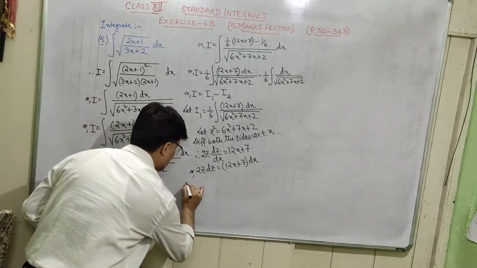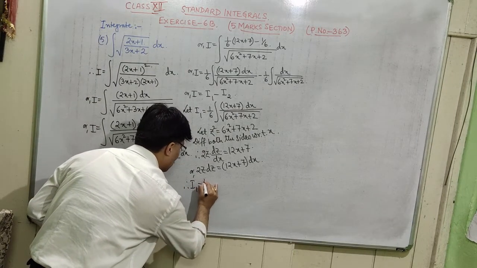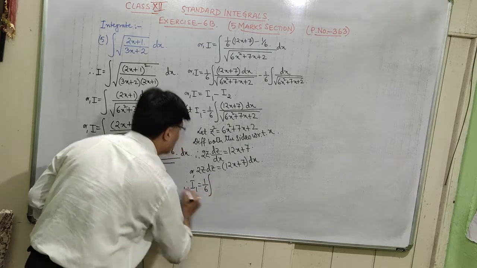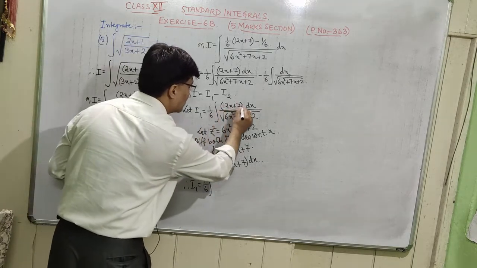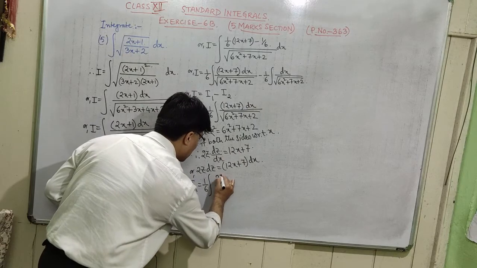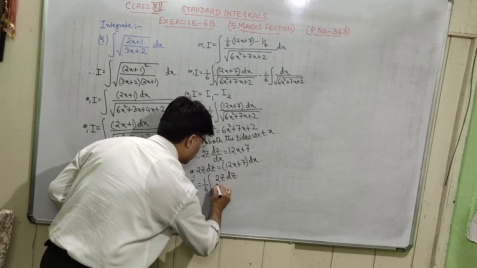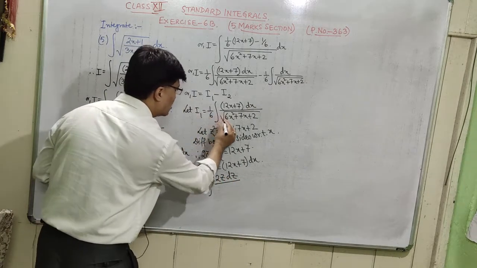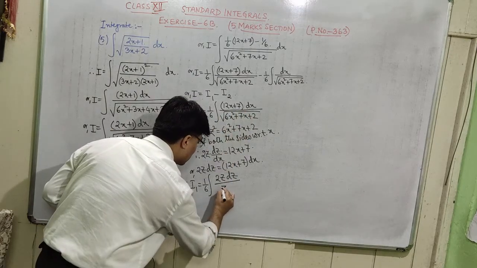So let us write it here. Therefore I1 is equal to 1 by 6 integration of, what is (12x plus 7) dx? It is 2z dz, divided by, what is root over z square? It is z.